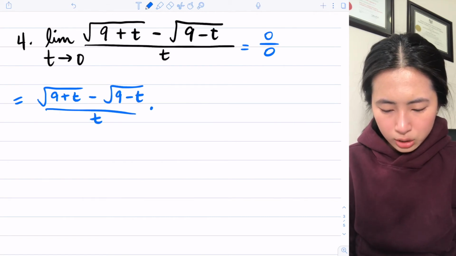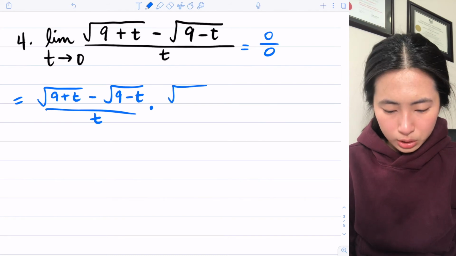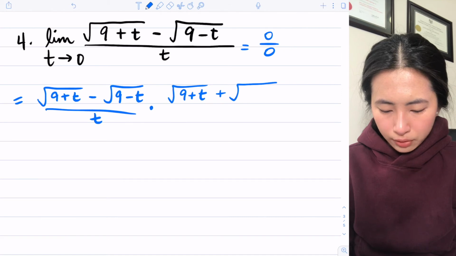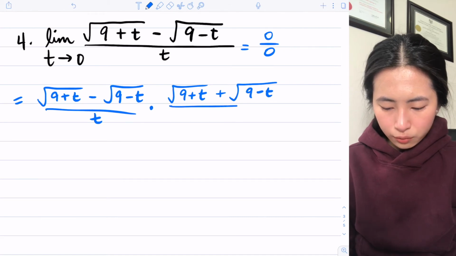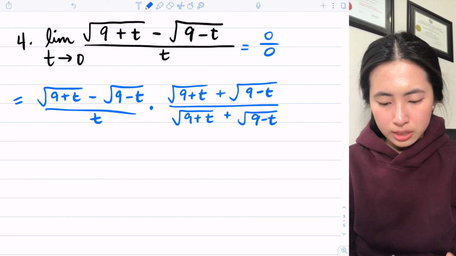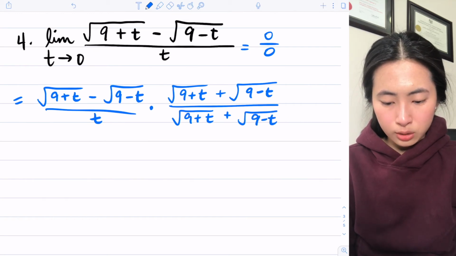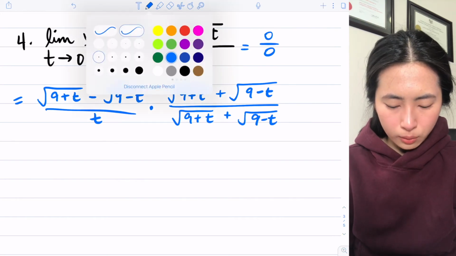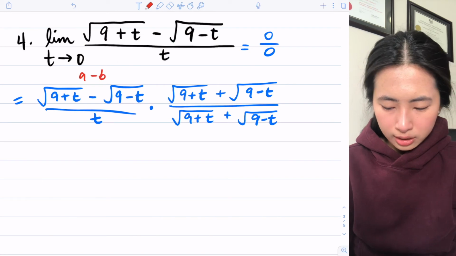You multiply this by the conjugate of your numerator, which is square root of 9 plus t, plus square root of 9 minus t. And this is over square root of 9 plus t, plus square root of 9 minus t. And notice that we still have difference of squares, so we can rewrite our numerator in terms of a squared minus b squared. So I'm just writing this again for you.